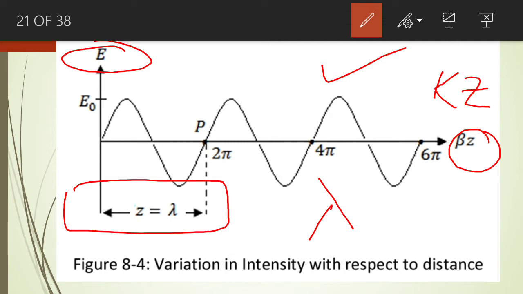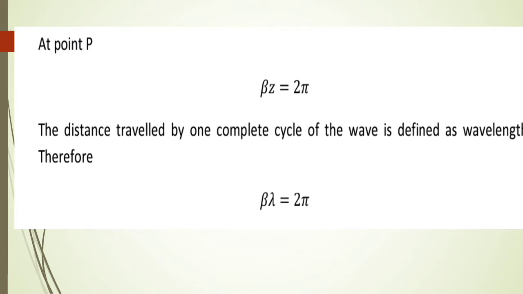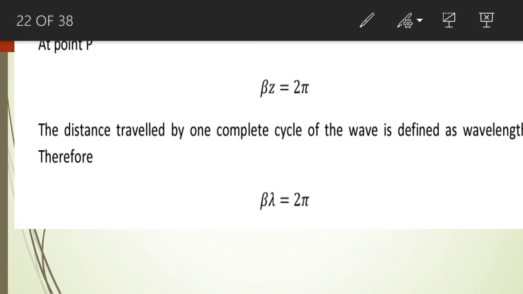So we want to derive another equation for the phase constant, and in order to do so, we consider the value of kz at this particular point, point P. You see, the value of kz at point P is equal to 2 pi radian.